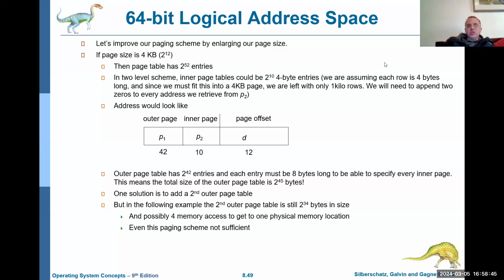We will need to append 2 zeros to every address to retrieve it. So wait a second, why is it going to fit into 4? Why is 4 enough? Because 52, what's 8 times 4? Is that enough? I don't think that's enough.